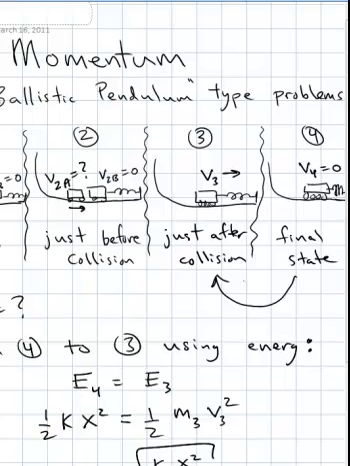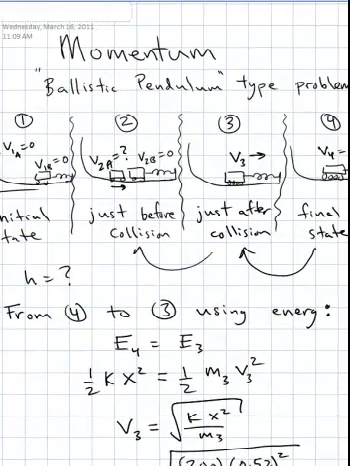Now we have to go from 3 to 2 so we can figure out what the velocity of cart A is at time 2. And once we know that, then we can go to time 1 and find the height. So we've gone from 4 to 3 using energy.